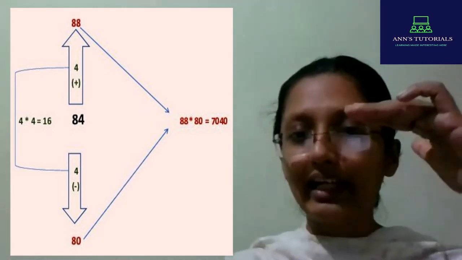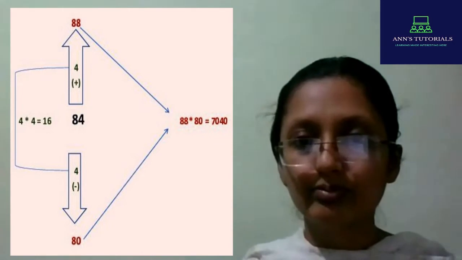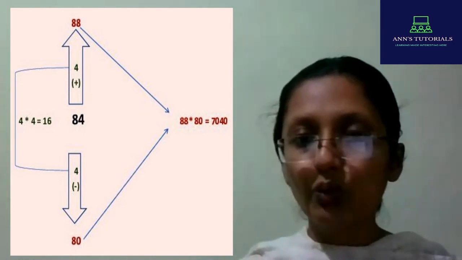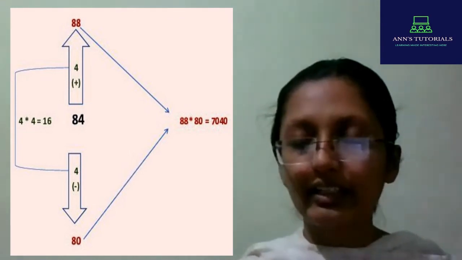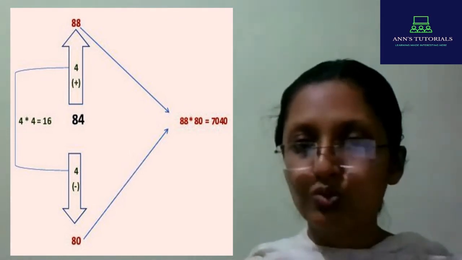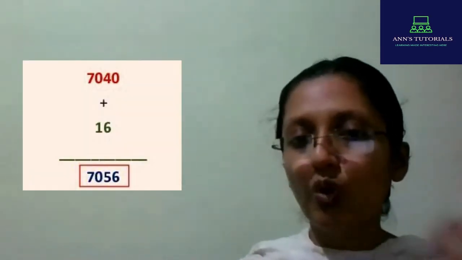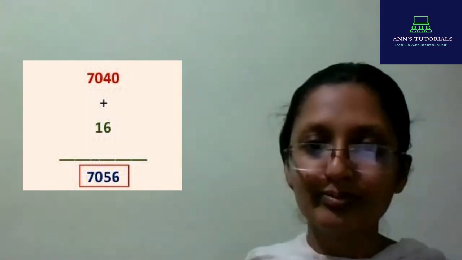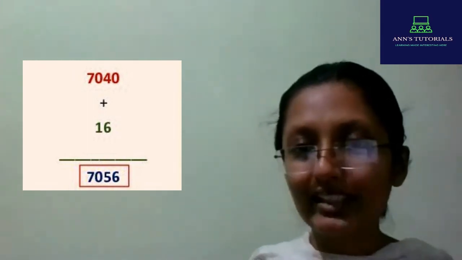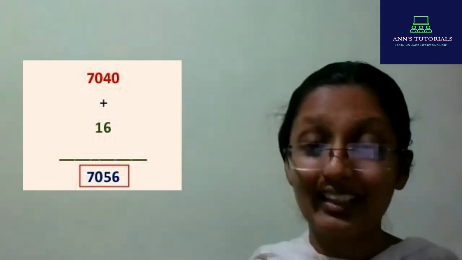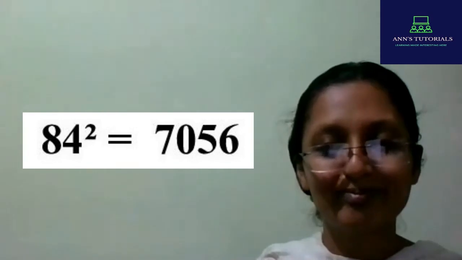Then we will multiply 80 and 88. And on multiplying our new numbers 80 and 88, we get the answer 7040. Finally, we need to add the square of 4 to the 7040, so 7040 plus 16, which is equal to 7056. That is the square of 84.